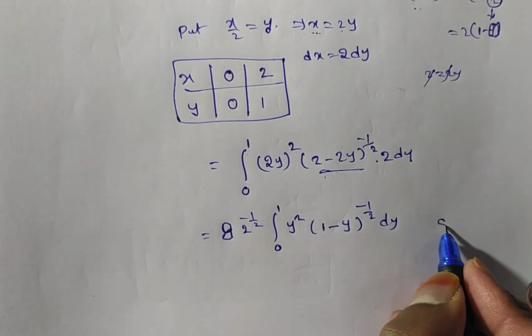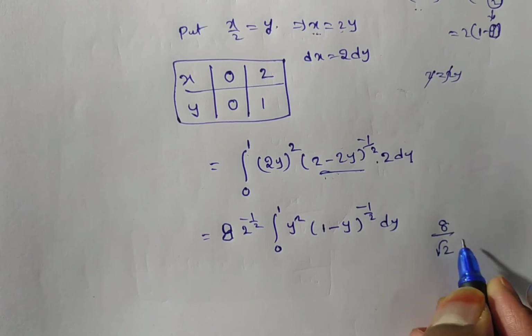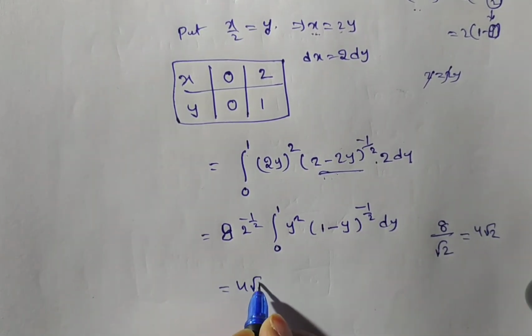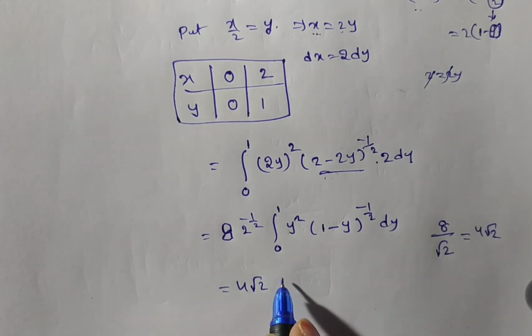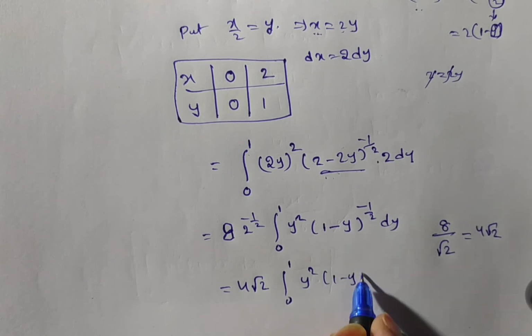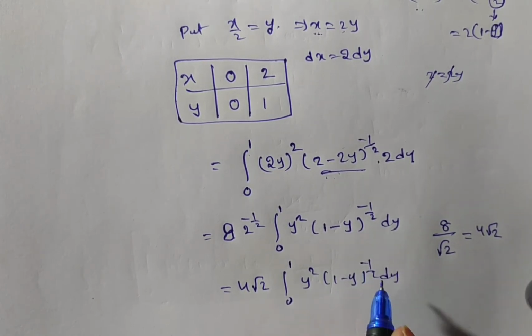This is 8 by root 2, which is nothing but 4 root 2. So this is equal to 4 root 2 times the integral from 0 to 1 of y squared (1 minus y) to the power minus 1 by 2 dy.